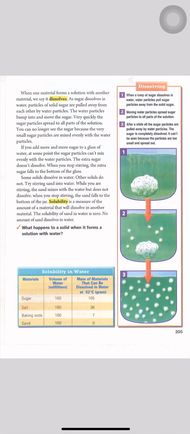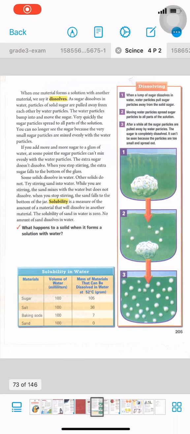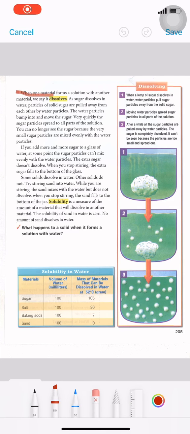In this reaction, sugar dissolved. Dissolve is when one material forms a solution with another material. Here you can see a lump of sugar dissolves in water.